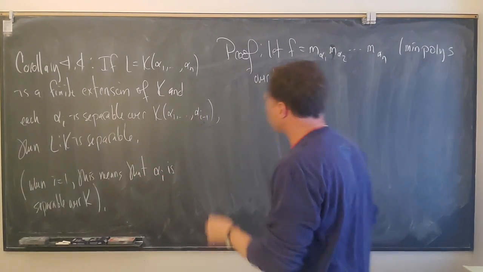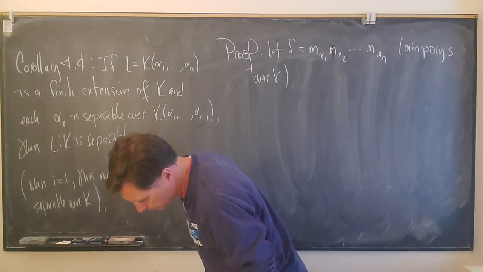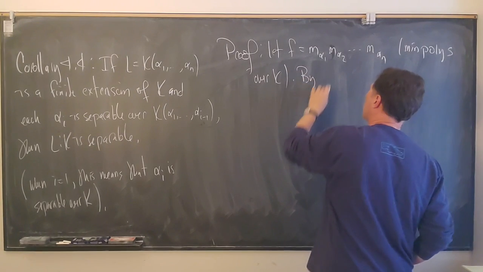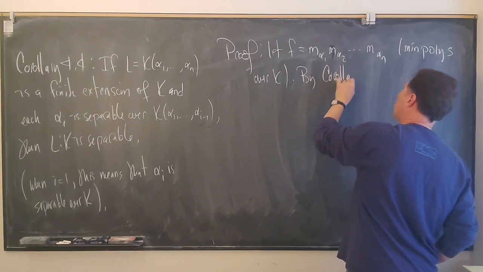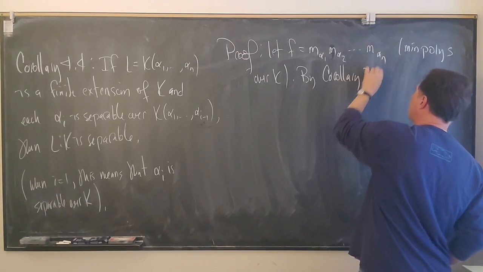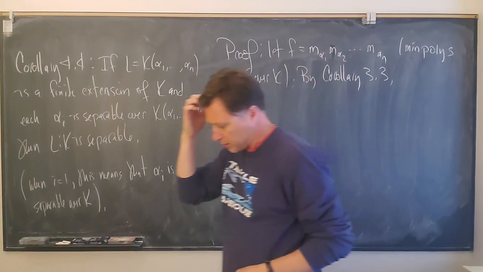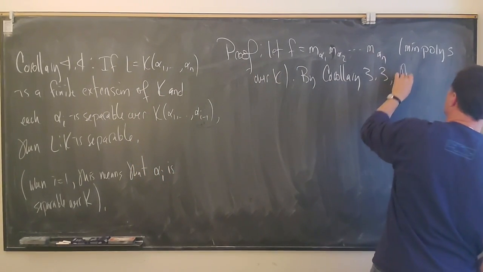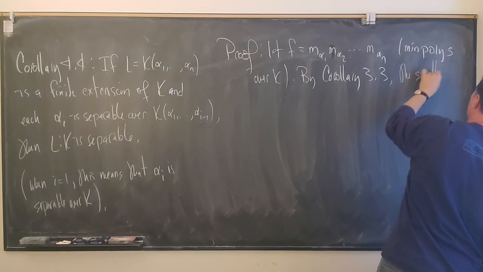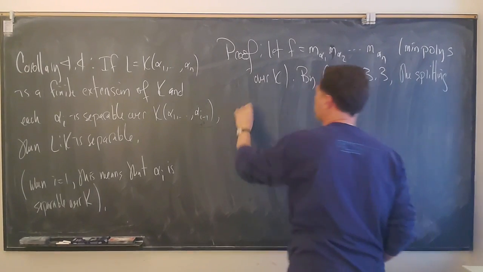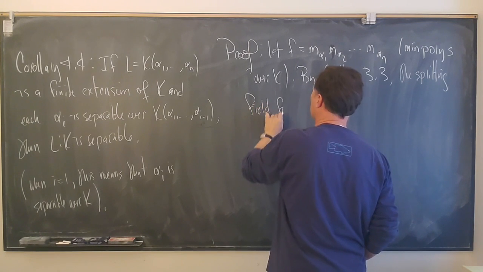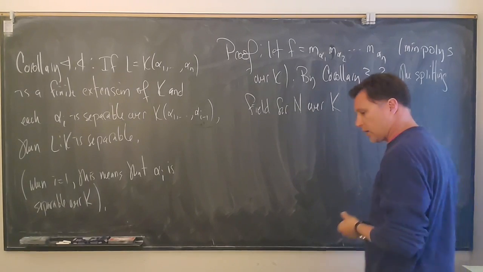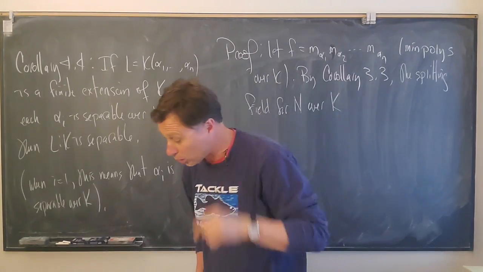Now this is by corollary 3.3. If we look at the splitting field, which I'll call capital N, the splitting field for F over K, this gives us a normal extension, in fact a normal closure.